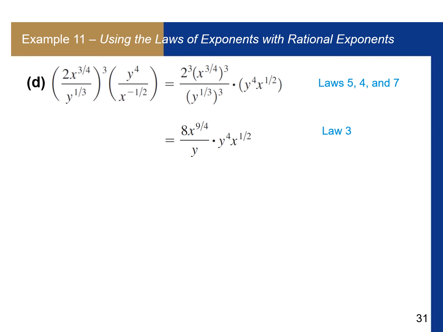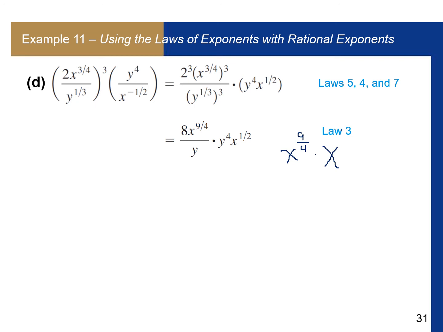And then you have x to the 9/4 and x to the 1/2. Well, if you have x to the 9/4, and then you're going to take x to the 1/2, you're going to add those exponents.